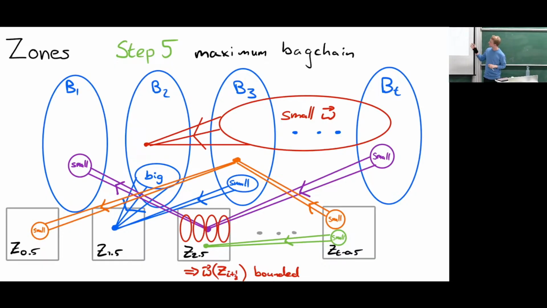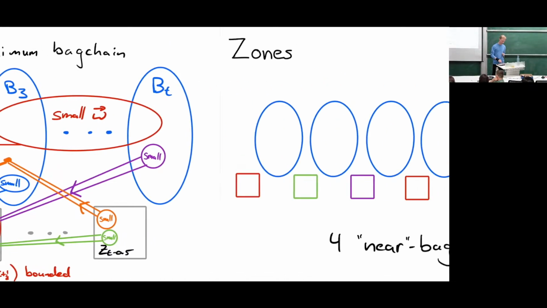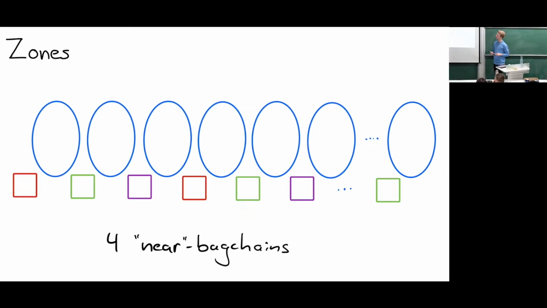Now this is all nice and good, but why do we care that these zones attach nicely and have nice relationships between them? Well, we can partition the entire tournament into 4 what we call near bag chains. So we have the original bag chain, which is just a proper bag chain, and then to choose things far enough away, we partition the zones into 3 sets, taking all the zones with indices 0.5 mod 3, 1.5 mod 3, 2.5 mod 3.